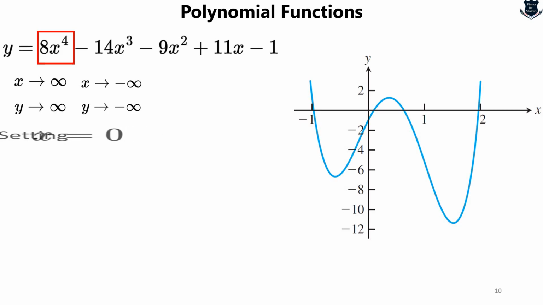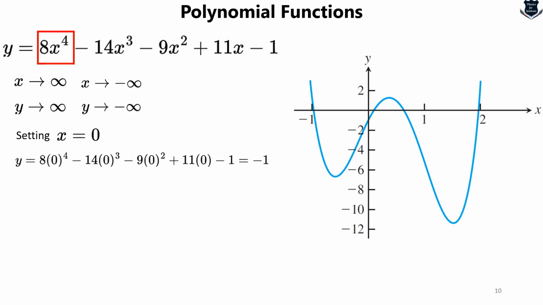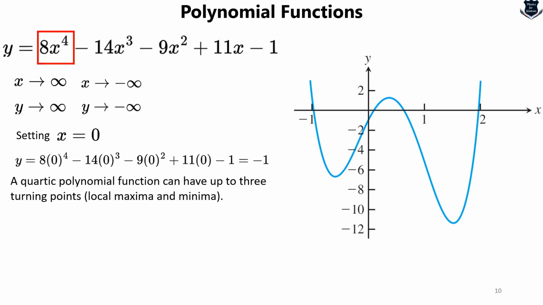Here you can see, first of all we will calculate the intercept, but what I would like to say is that a quartic polynomial function can have up to 3 turning points, that means local maxima and minima. If I take, for example, setting x equal to 0, from here we get the value of -1.